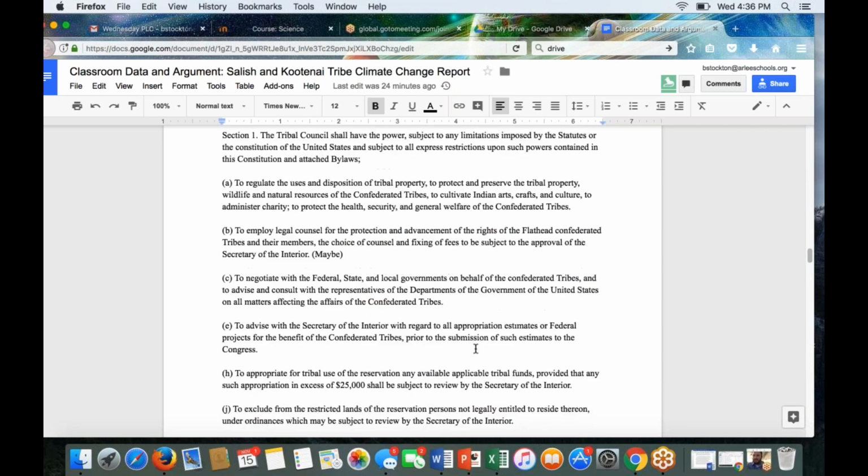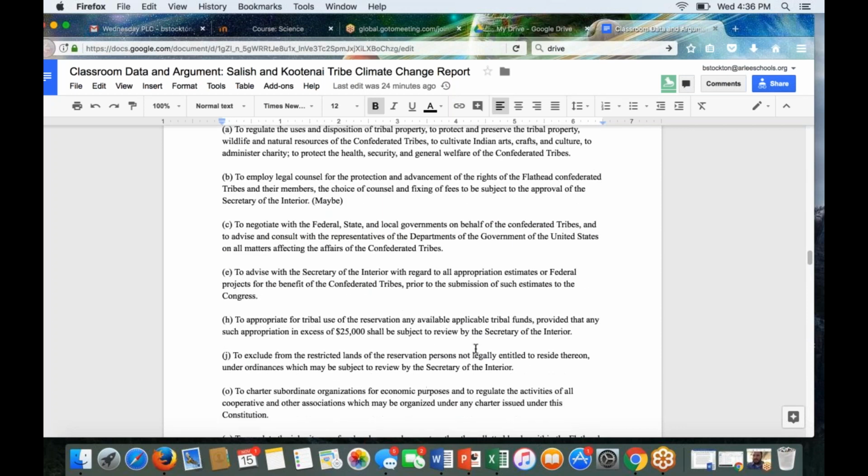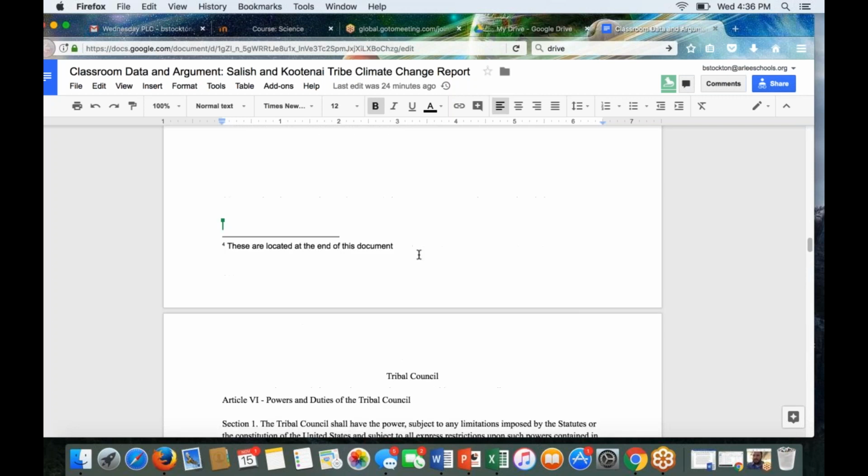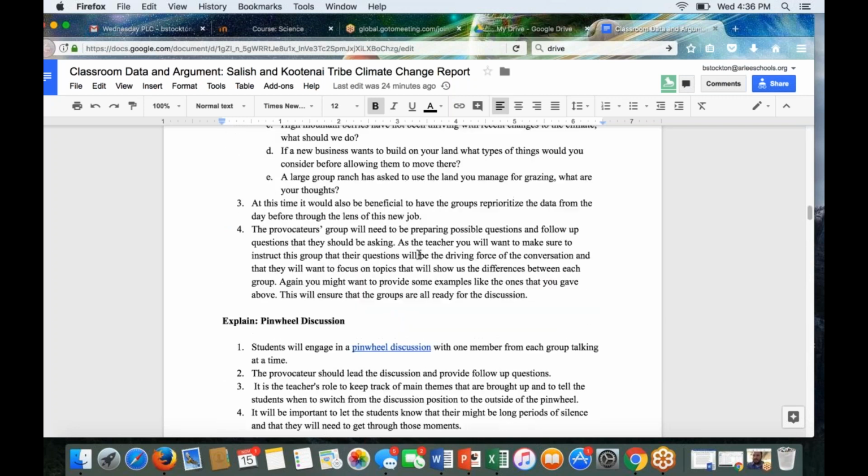And so if you're a tribal council member, you're going to focus maybe more on this relationship with the federal government and the dollars, whereas if you're a tribal scientist, maybe you're more concerned about preserving cultural land and plants and things like that.